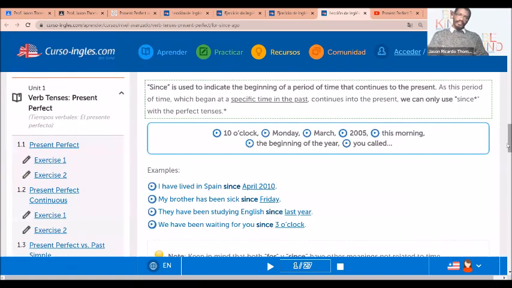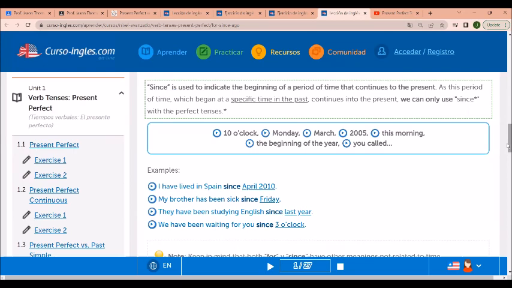And Brenda, since. Since is used to indicate the beginning of the period of time that continues to the present, as the period of time which began at a specific time in the past continues into the present.